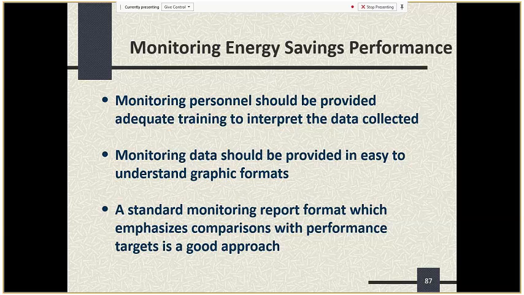So when you're monitoring energy savings performance, one thing that's key is you need to train whoever's going to respond to that data to be able to interpret the data collected. And Larry, I'm not certain about this. Where are you in the training implementation aspect of things? Have you provided periodic training, or is that in the future? We're probably somewhere in the middle there, Dave. Quite factually, when it comes to training, we could always use more training.